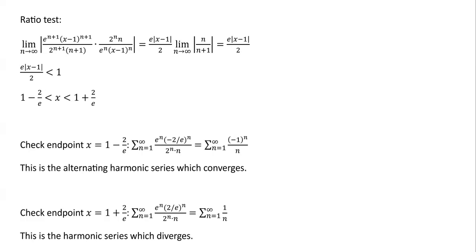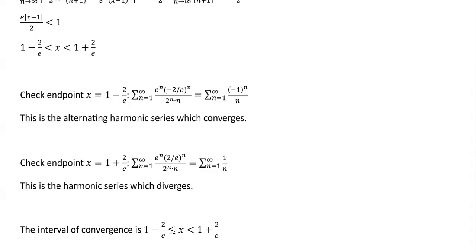Okay, so what does that mean? That means our interval of convergence includes the lower endpoint, but does not include the upper endpoint. So we need to write our inequality as less than or equal to on the lower end, but we keep only less than on the upper end. You can also use interval notation if you want, but I decided to write it like this because I already had that over here, copy pasted.